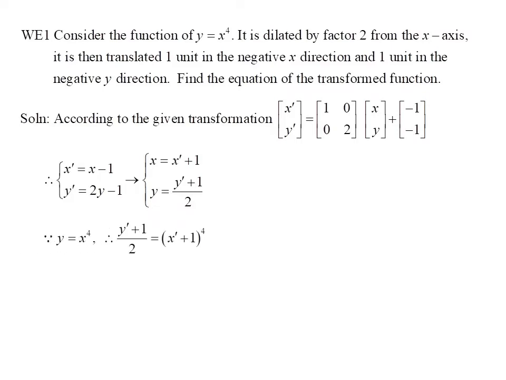Since x equals x prime plus 1 and y equals (y prime plus 1) over 2, the transformed function is y prime equals 2 times (x prime plus 1) raised to the fourth minus 1, which is equivalent to y equals 2 times (x plus 1) to the fourth minus 1.